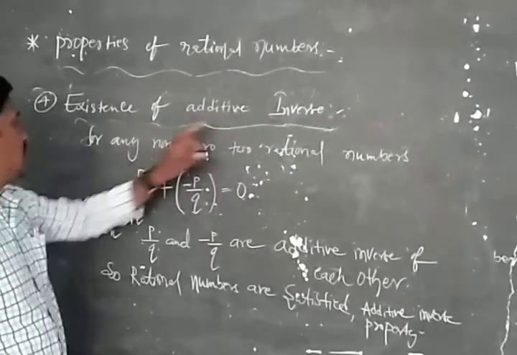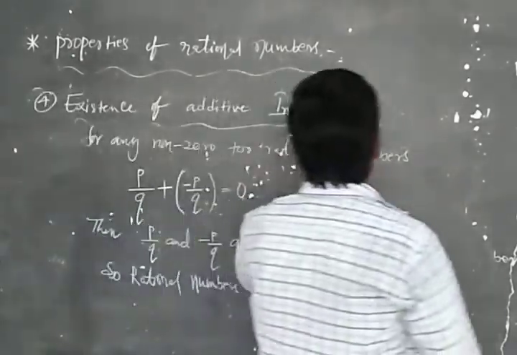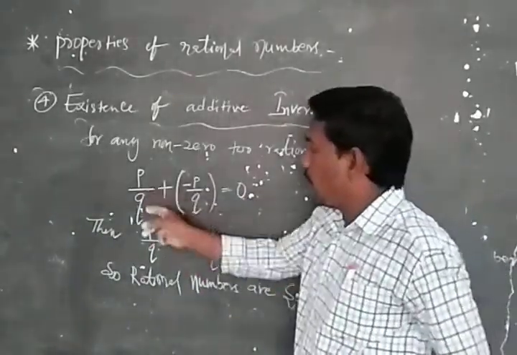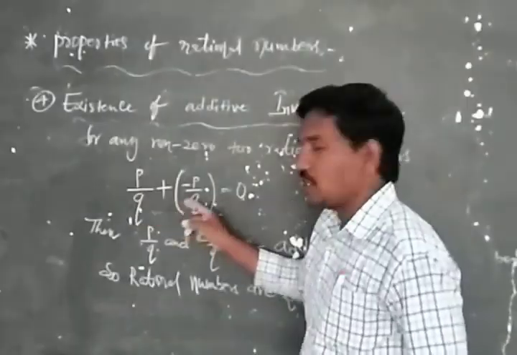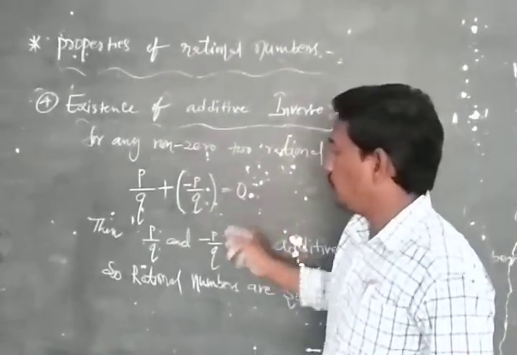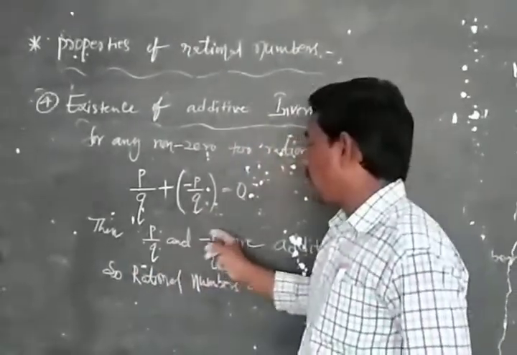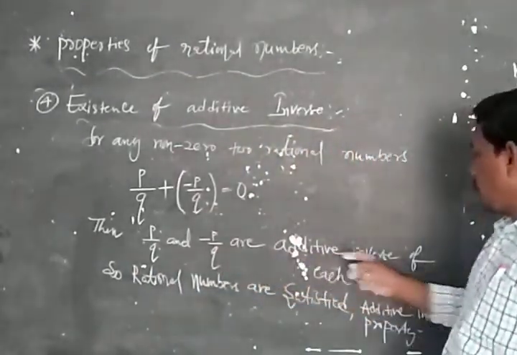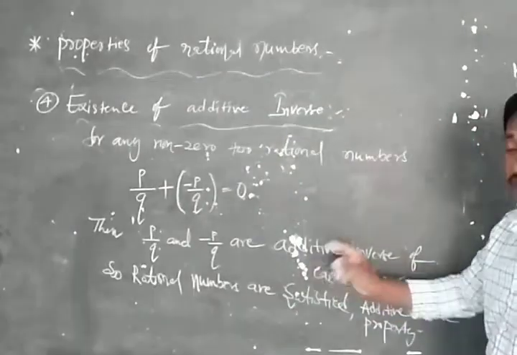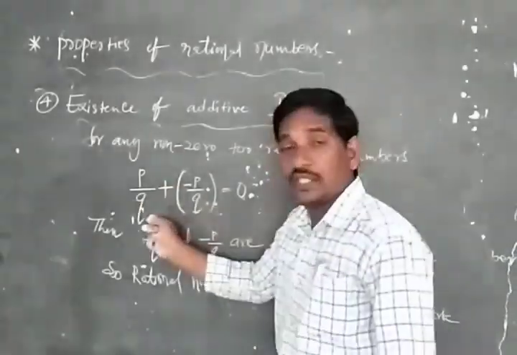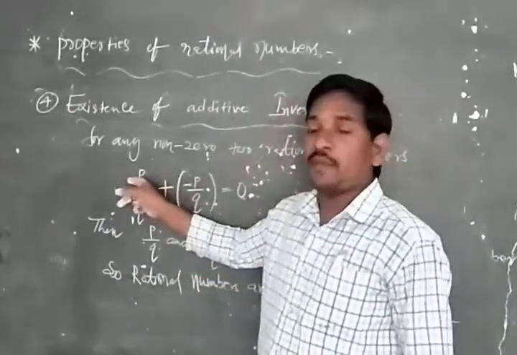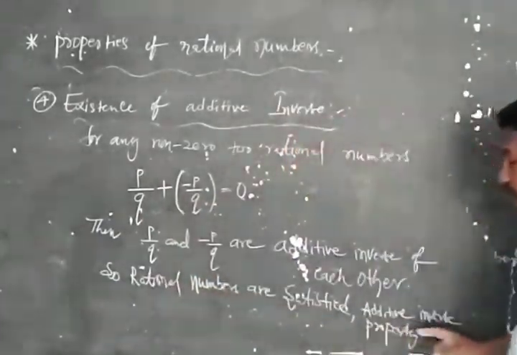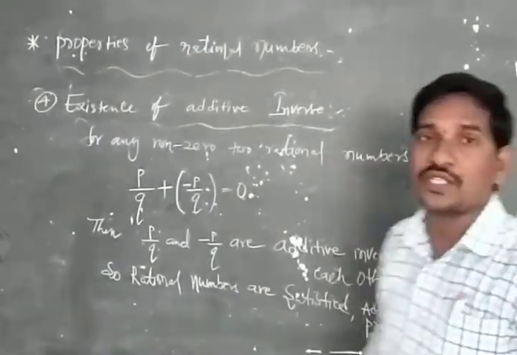Existence of additive inverse: for any non-zero two rational numbers, p by q plus minus p by q, the plus and minus cancel, and that is 0. So then p by q and minus p by q are additive inverses of each other. So p by q is the additive inverse of minus p by q, and minus p by q is the additive inverse of p by q. So the rational numbers satisfy the additive inverse property.